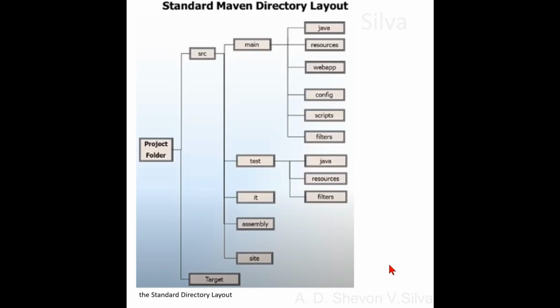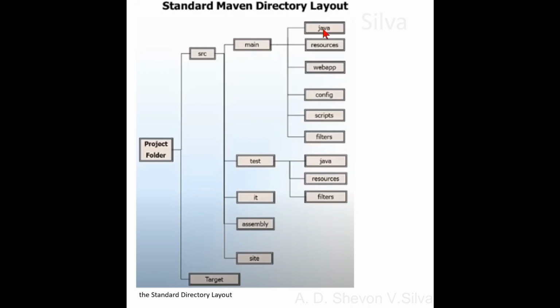The advantages are analogous to adopting a site-wide look and feel. Try to conform to this structure as much as possible. However, if you can't, these settings can be overridden via the project descriptor.